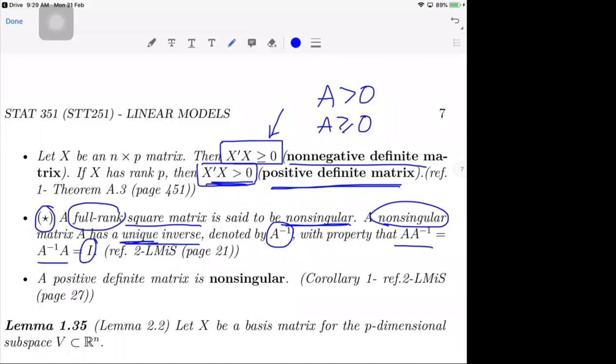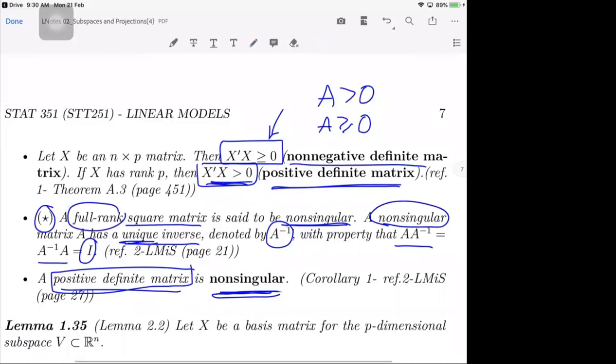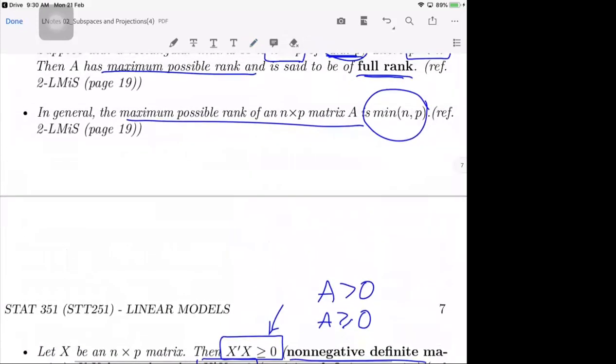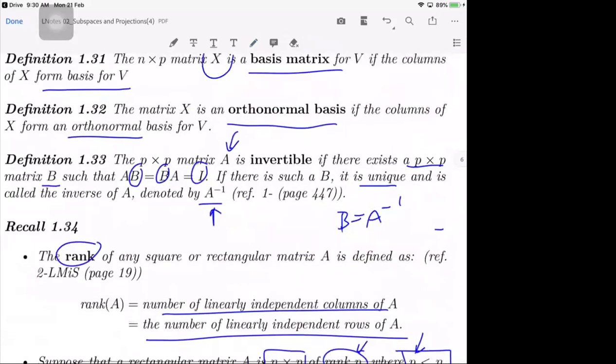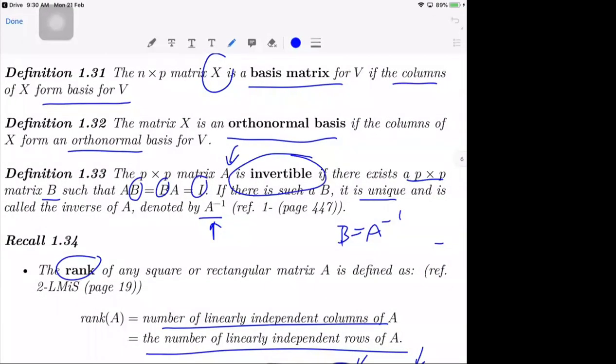A non-singular matrix implies it has a unique inverse. And a positive definite matrix is always non-singular. So if the matrix is positive definite, it is always non-singular. If it is always non-singular, then it has an inverse. If it has an inverse, it is invertible. Okay?